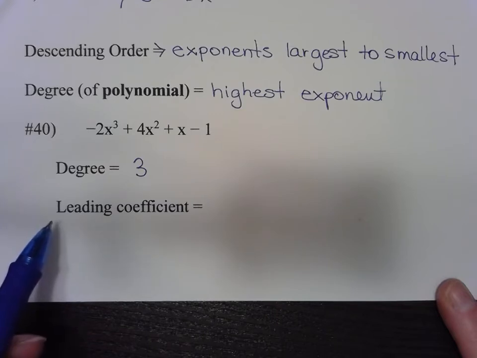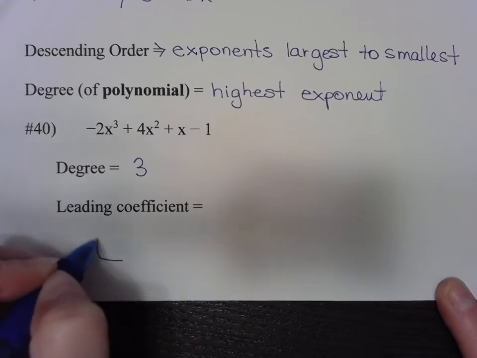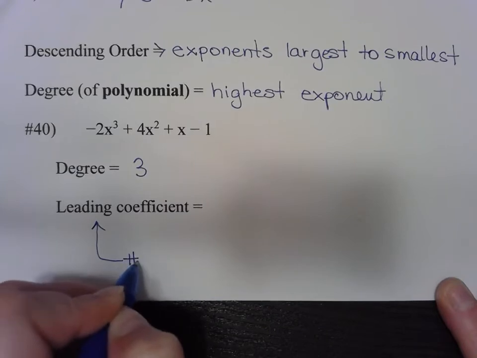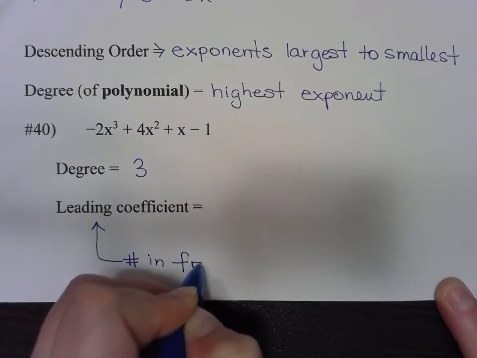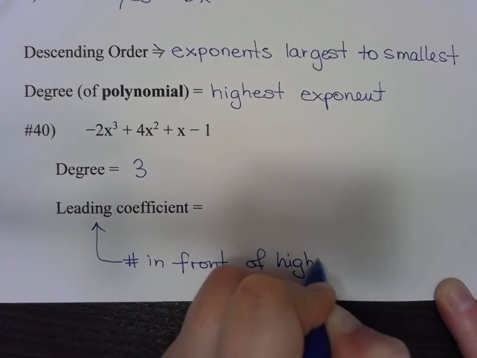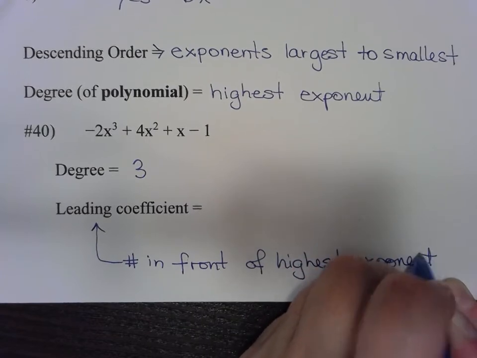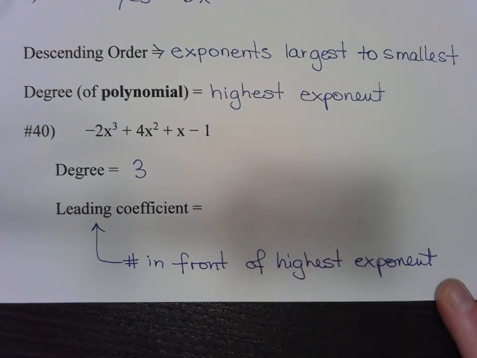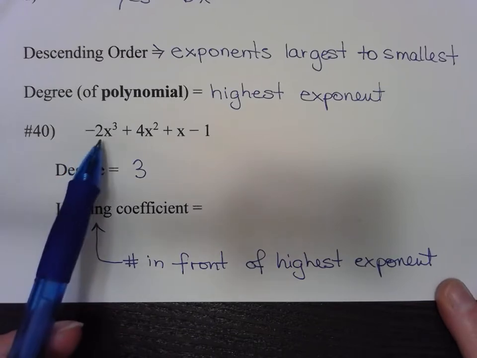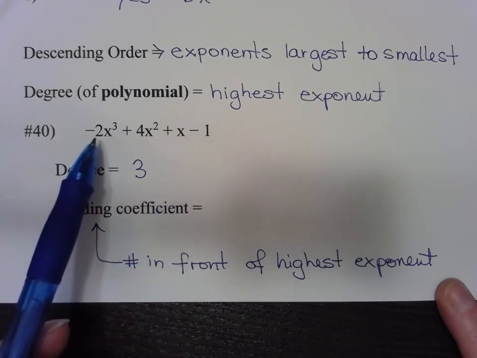The leading coefficient also is important to recognize, and that's the number in front of the highest exponent. So if the polynomial is written in descending order, where the exponents are arranged from largest to smallest, the leading coefficient is always going to be in the front.